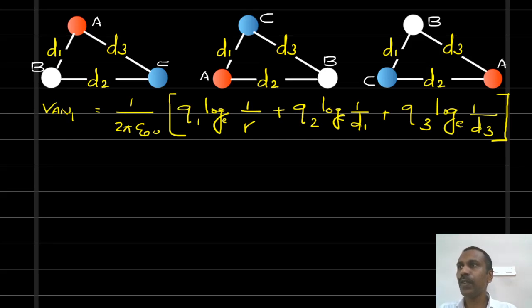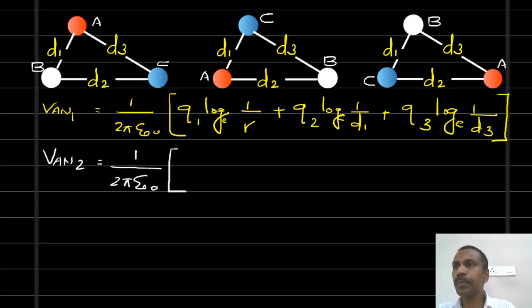We have already written this expression. Now we can find out the potential of A phase conductor at the second position. It is 1 by 2 pi epsilon 0. Looking at the first expression, we can make the second one. The only differences are that D1 will be changed to D2, D2 will be changed to D3, and D3 becomes D1.